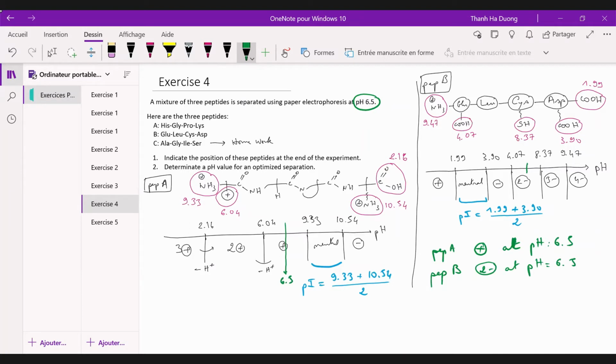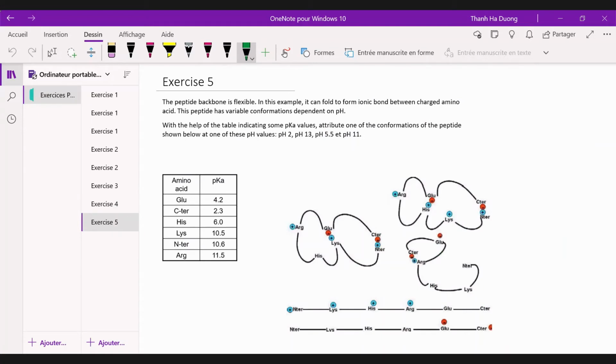after that you have to indicate the position of this peptide at the end of the experiment. Okay, and last exercise, the peptide backbone is flexible. In this example, it can fold to form ionic bonds between charged amino acids. Okay. This peptide has variable conformation dependent on pH value.